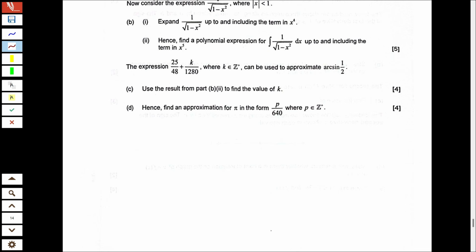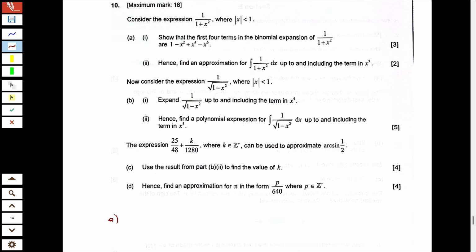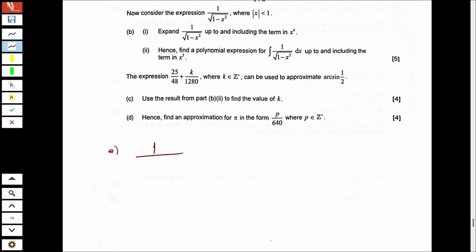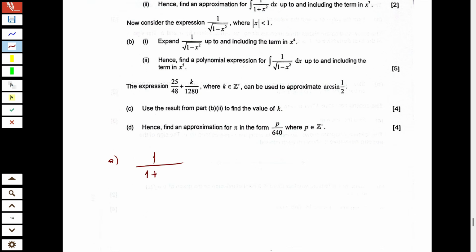We're going to write the binomial expansion of this expression. 1 over 1 plus x squared equals 1 plus x squared to the power of minus 1. From here you can write the first term will be the 1, and the second term will be plus minus 1 times x squared divided by 1 factorial, plus minus 1, and I'm decreasing the power by 1.